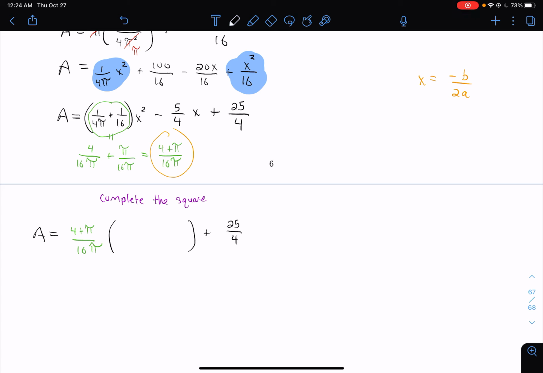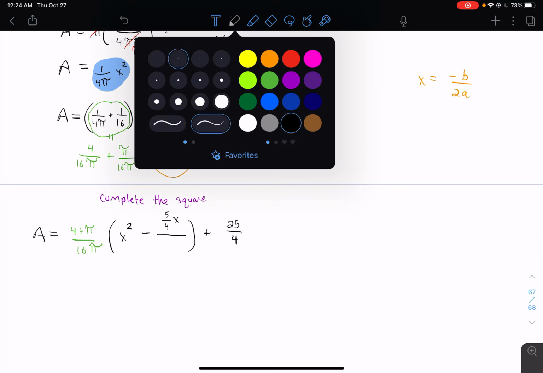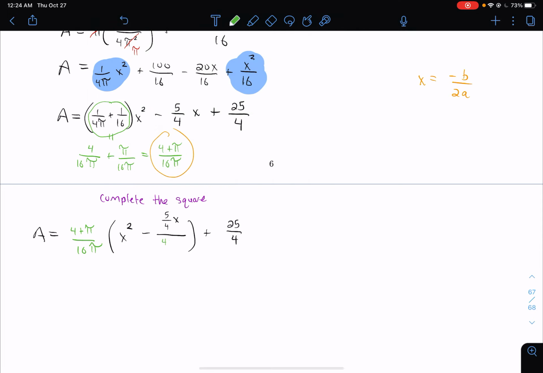Okay. So if I do take this out of the first term, I still got the x squared there. The second term, it's a little bit harder to see what's going to be left over there. So remember the way we do that, if it's a little bit unclear, we can first write what's there right now, which is minus 5 over 4x. And that's going to be divided by what we just factored out. We just factored out 4 plus pi over 16 pi.